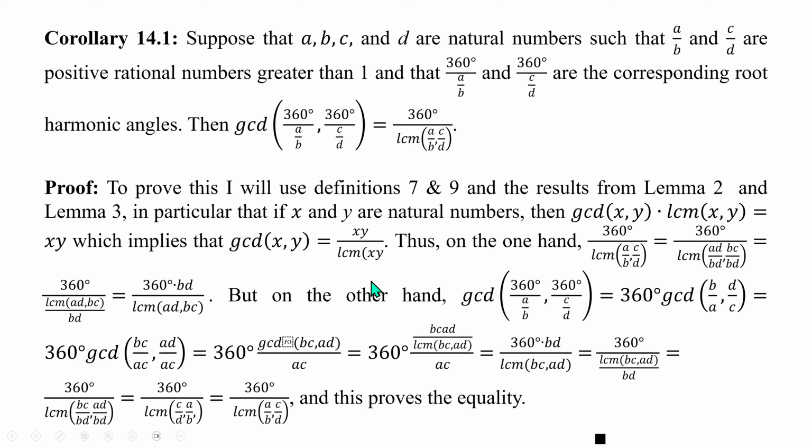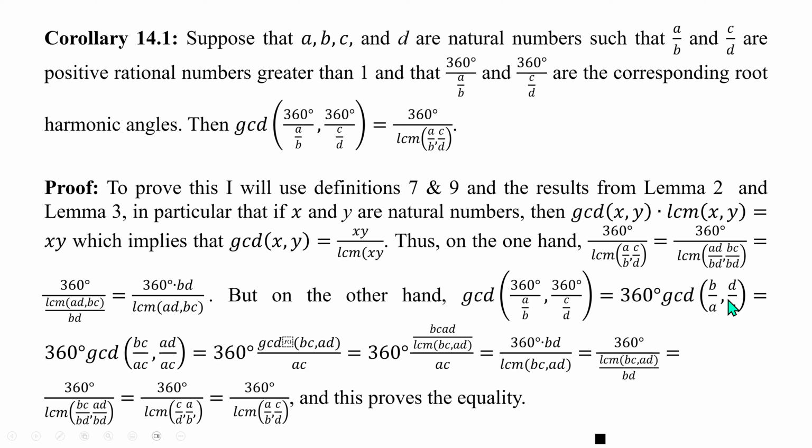Okay? So we have that on the one hand, but on the other hand, the greatest common divisor of these two root harmonic angles is going to be equal to 360 degrees. You can pull that out in front, and then you can flip these fractions in the denominator and write that as the greatest common divisor of b over a and d over c.